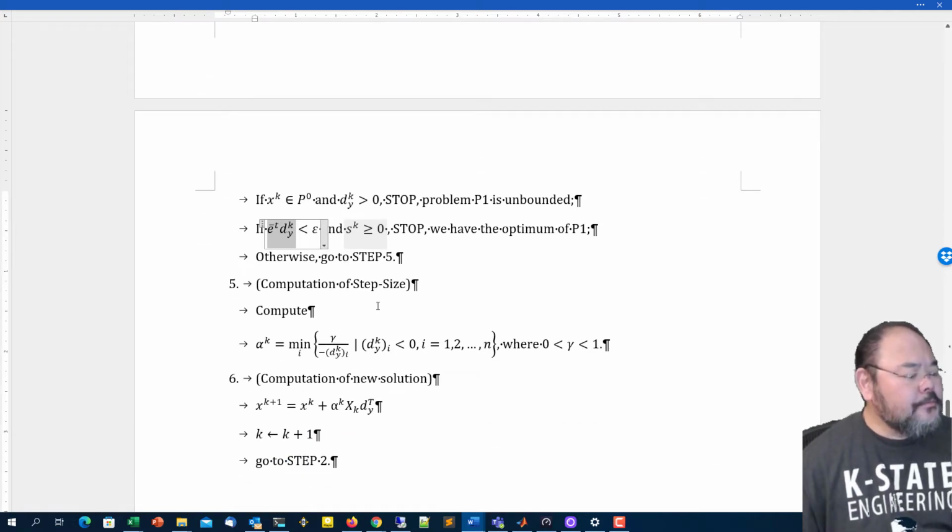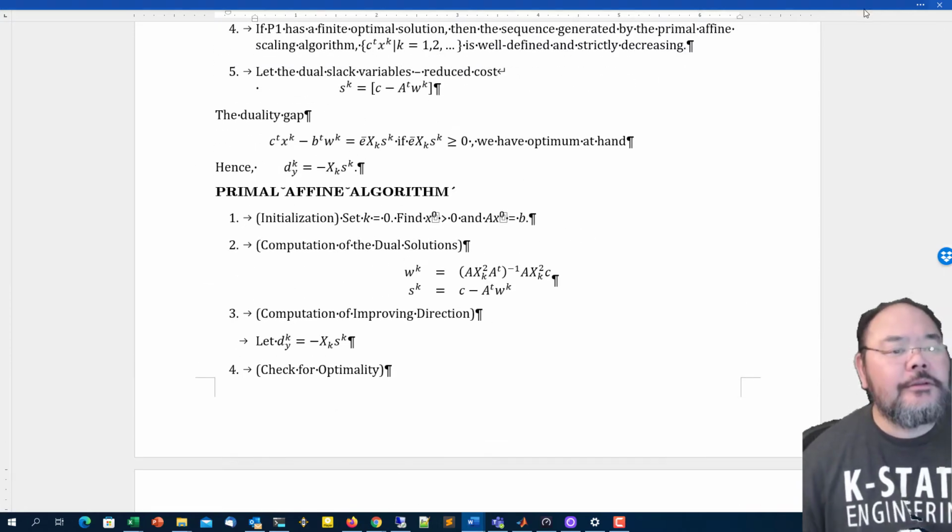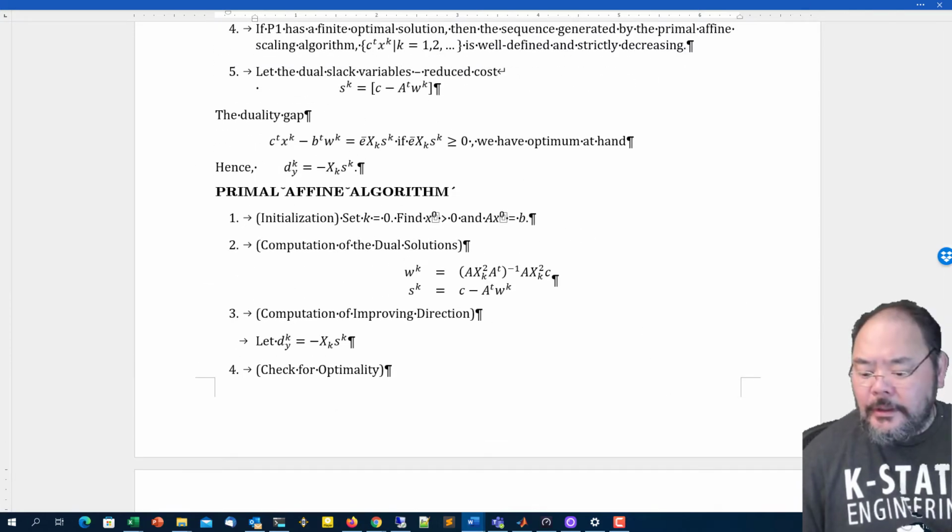Otherwise we calculate the step length, a number slightly smaller than 1, could be 0.99 or 0.95, divided by negative dyk of i, which is negative. Then we update the primal solution, set k equal to k plus 1, and continue doing so.